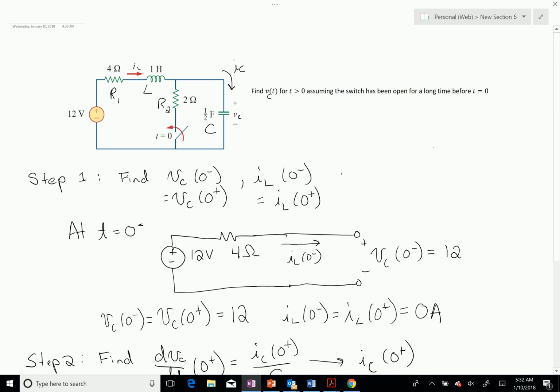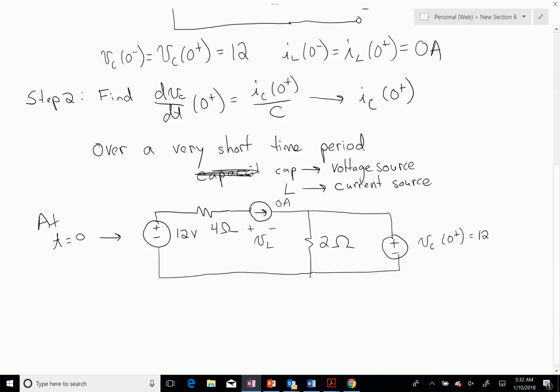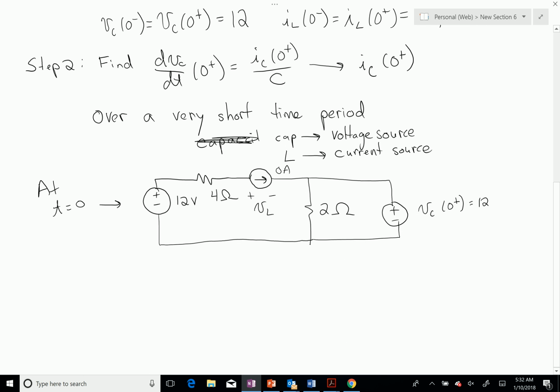If you have multiple different steps, like if you're doing superposition or something like that, you do not change the directions of the currents and the voltages. They need to stay consistent throughout the entire problem, okay? That's important because that means that here, I sub C of 0 plus is going that way.